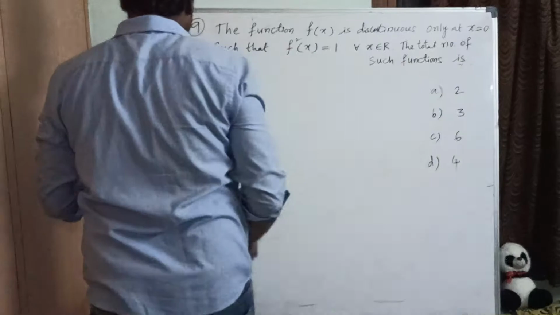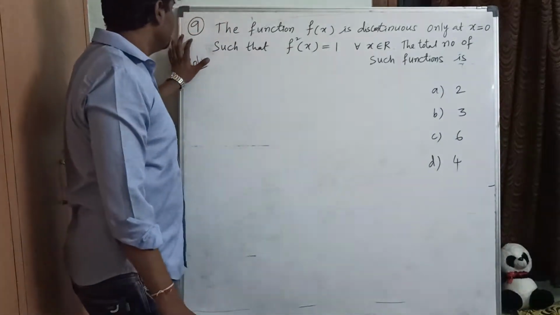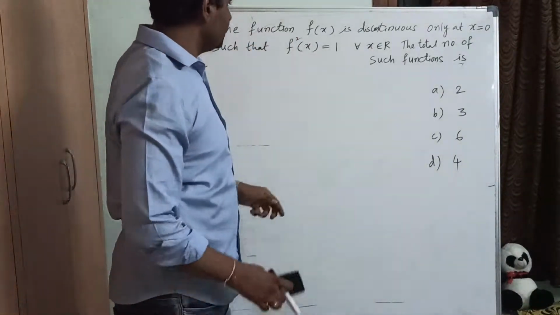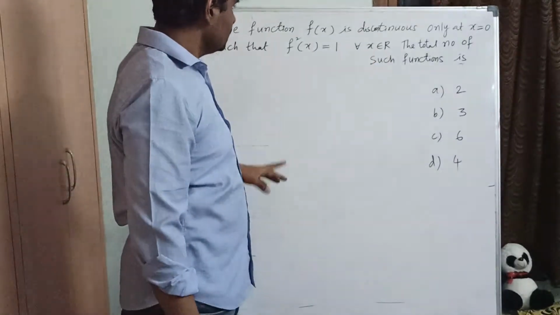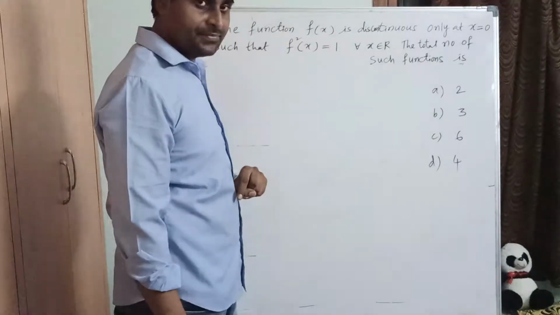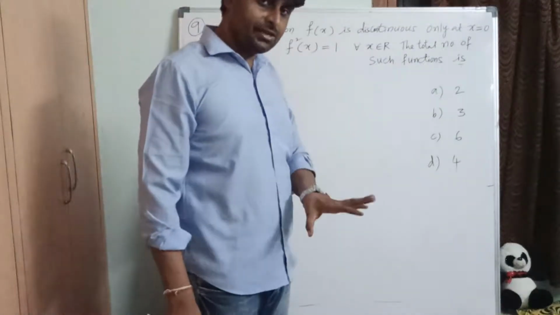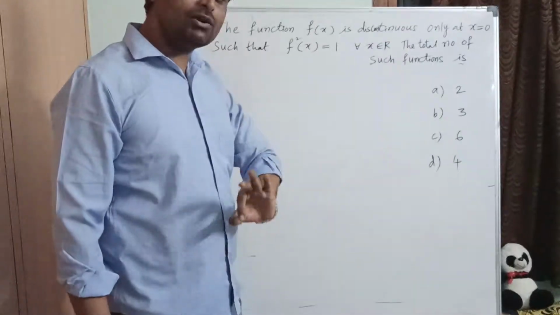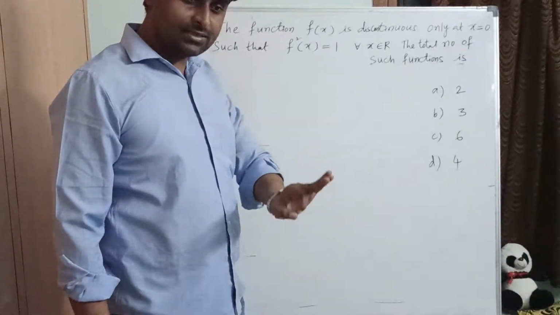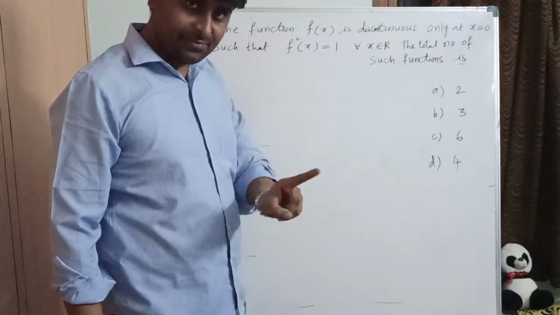Now, see here, next question, question number 9. The function f of x is discontinuous only at x equals 0. So, what does the first sentence give us? The function must be discontinuous at x equals 0, meaning LHL should not be equal to RHL. Correct? LHL, RHL should be different, not the same. Clear?